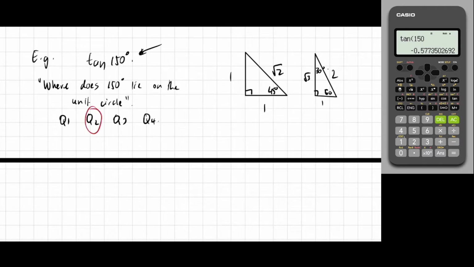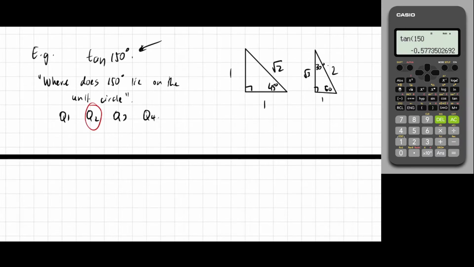Okay, now the rule for quadrant 2 is the reference angle, or the angle that we're going to use to get our solution, is 180 degrees minus whatever our angle is, okay? So it's 180 degrees minus whatever the reference angle is to get to the number we want.